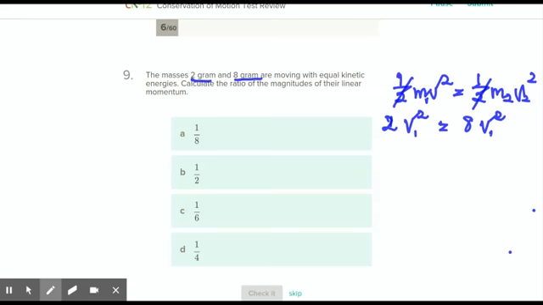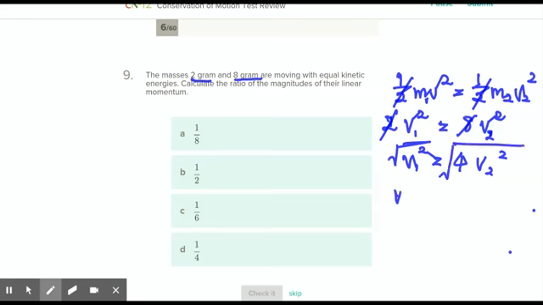So in order to calculate the momentum of them, we have to find the v because momentum is mv. So we know 2 and 8 we can simplify as v1 squared equal to 4 v2 squared. So that means you square root both sides.